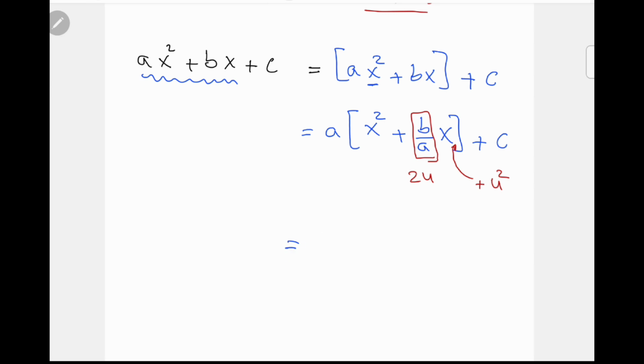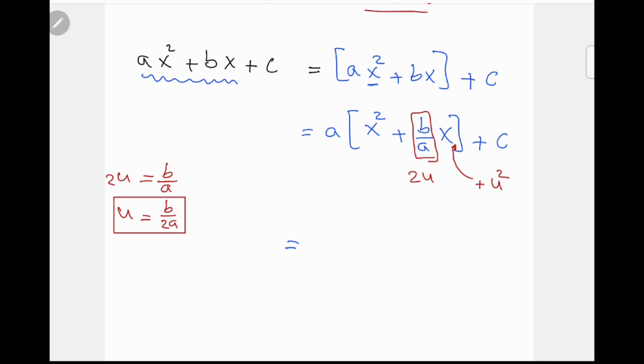So look at this. Now we need to imagine that 2u should equal b over a. So if you divide by 2, then u is b over 2a. So that's my u.